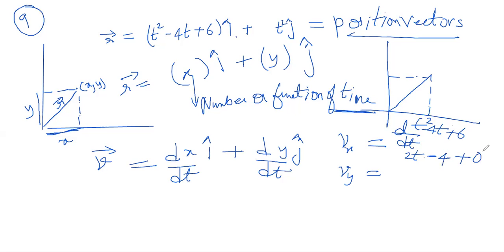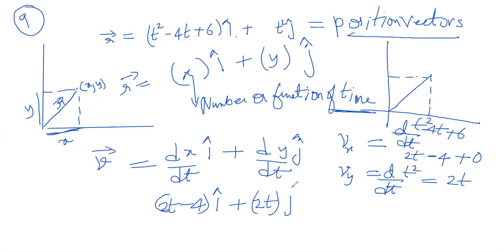Then the differential of y, d by dt of that one. What is there? t square. What is that? 2t. That's it. So we have to write these here. What will we get here? (2t minus 4) i cap plus (2t) j cap. Is it clear to both of you? So we got the vector. This is the velocity vector.